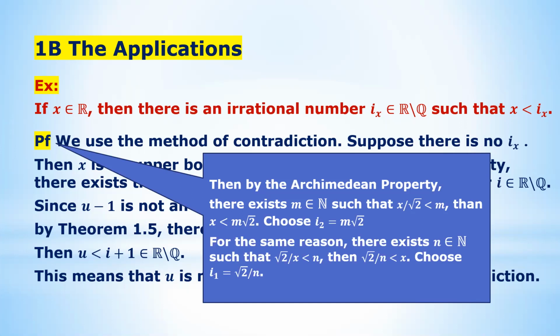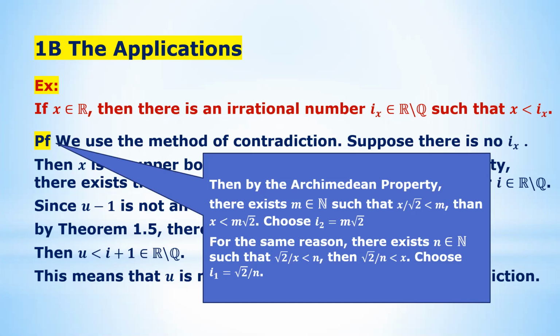that square root 2 divided by x is less than n. Okay, right? Based on the same reason. And this time you multiply by x on both sides and divide by n on both sides.